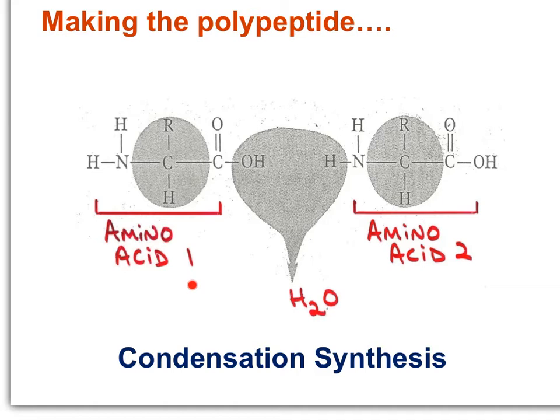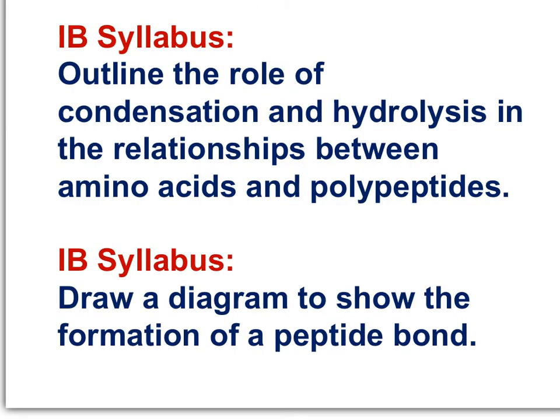Amino acid 1 is joined with a peptide bond to amino acid 2 by condensation synthesis, which removes water. So the role of condensation synthesis and hydrolysis in the relationships between amino acids and polypeptides should be familiar to you at this point, but can you draw a diagram to show the formation of a peptide bond?